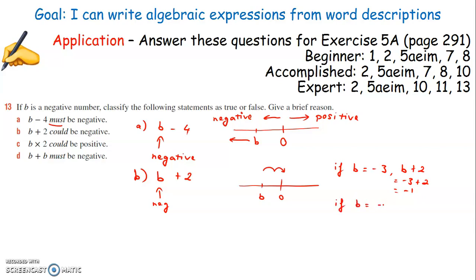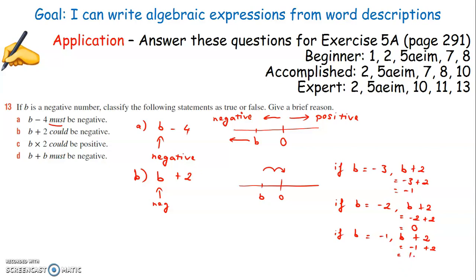If B is equal to -2, then B plus 2 is -2 plus 2, and you can see that it's going to cancel out, which is going to be 0. Okay, so what if B is -1? B is still negative, and -1 plus 2 is equal to 1.